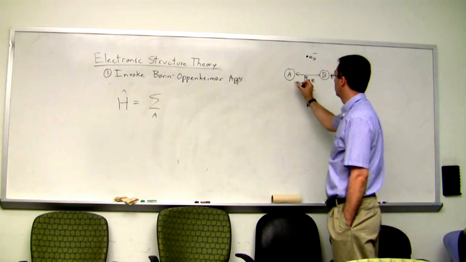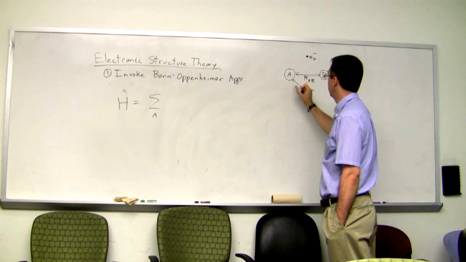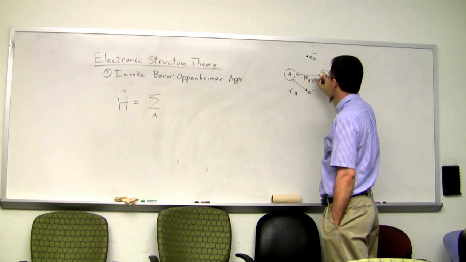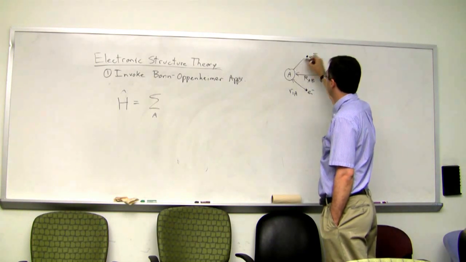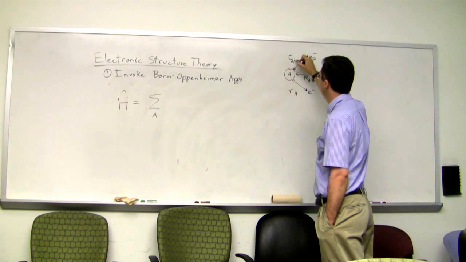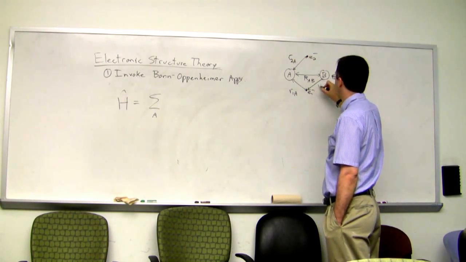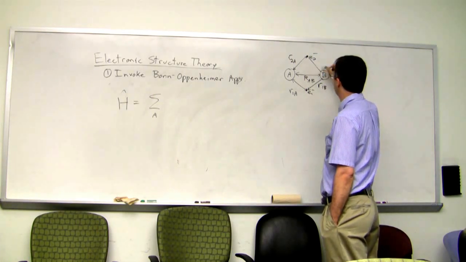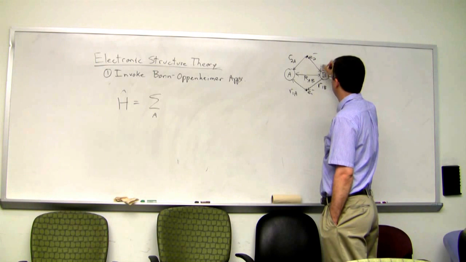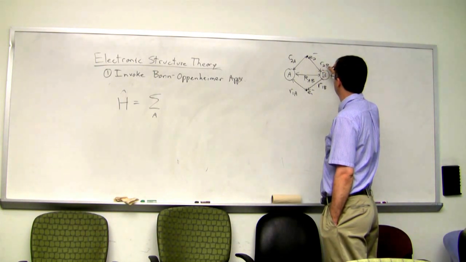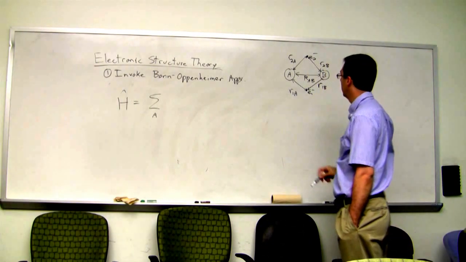And then I could have a distance between nucleus A and electron 1. I'll call that R1A. And nucleus A to electron 2 is R2A. And I could have R1B between electron 1 and nucleus B. I could have R2B between nucleus B and electron 2.